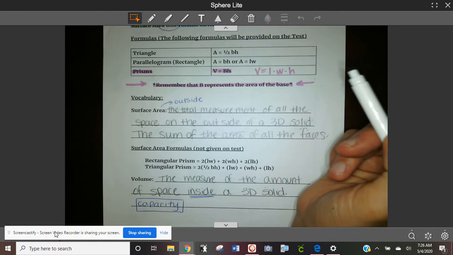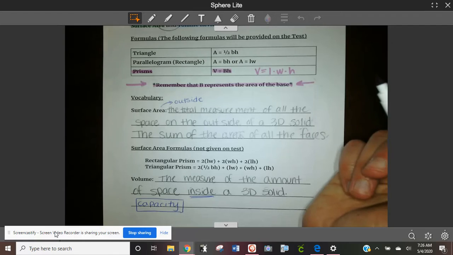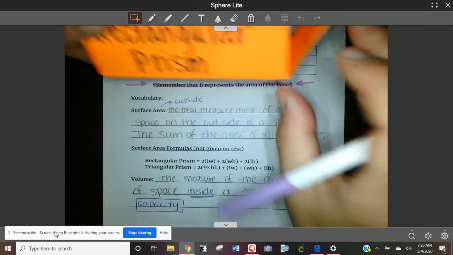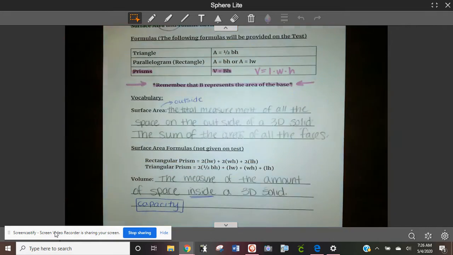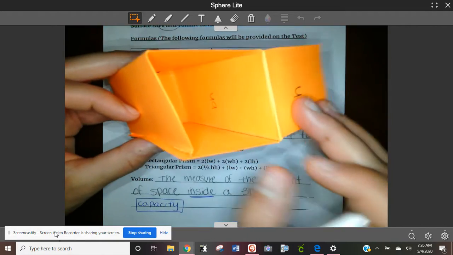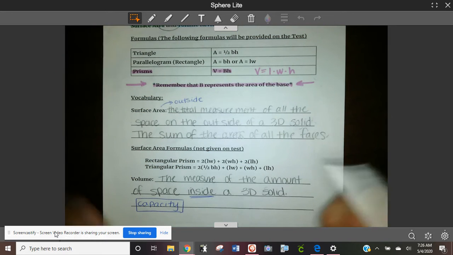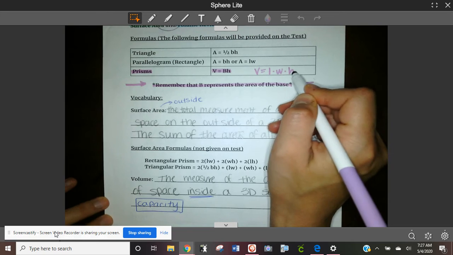Surface area is still just the outside of something. Now we're talking about actually filling it, so making it 3-dimensional, but also the actual thing that we're measuring is 3-dimensional as well. It takes up the space inside. So that requires us to know the length, the width, and the height.